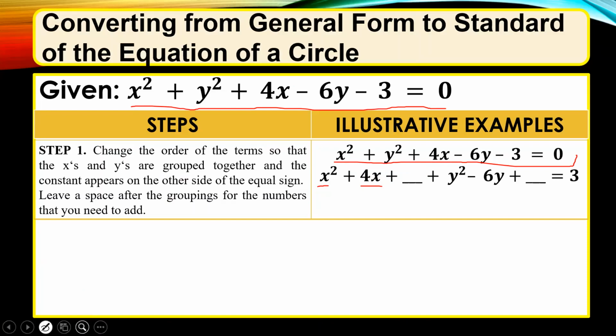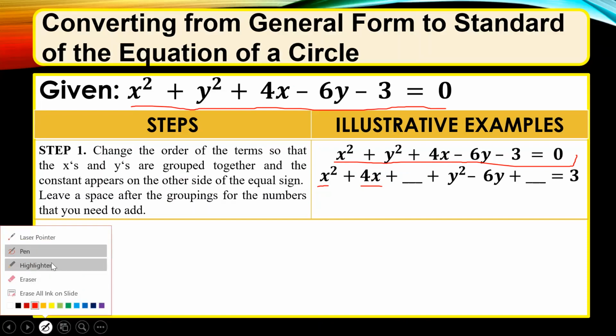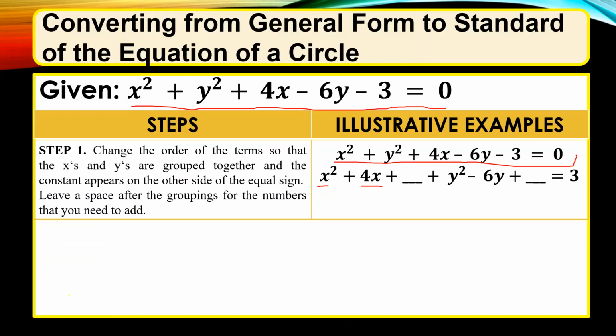Next, we also group in terms of y. So that will be plus, and again, leave it blank here, because we will put a number here to complete the square. The process is called completing the square. Plus y squared minus 6y plus that number, that constant or blank.